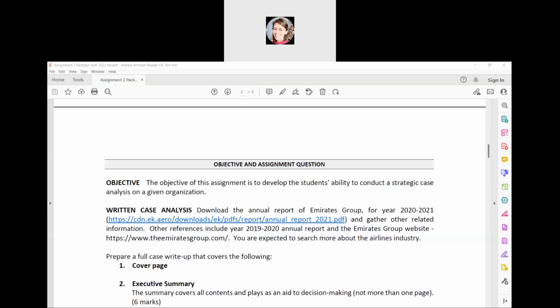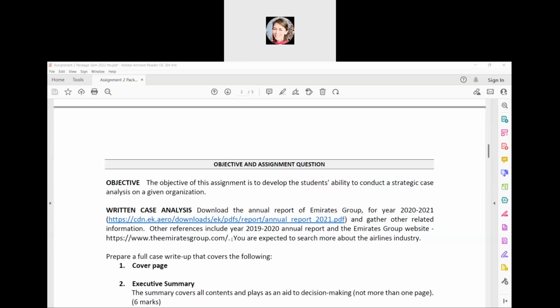You can search the Emirates Group website. This is the website. This is useful, so you can go ahead and browse through the information just to start you off with the idea of this assignment.